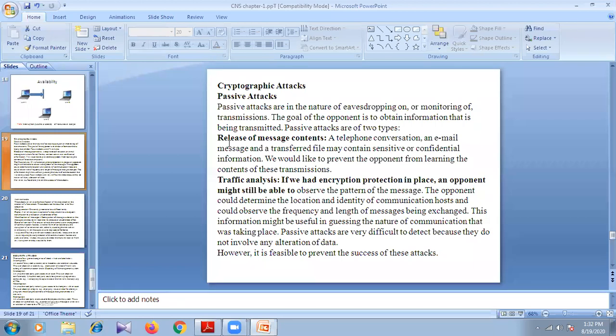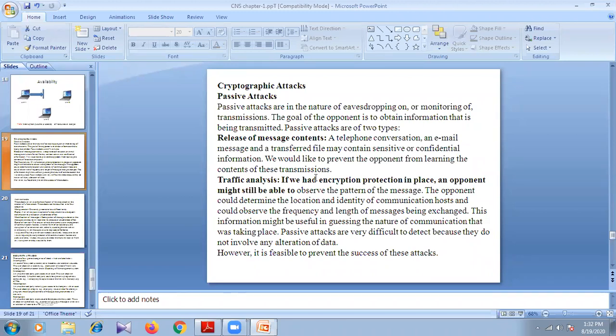The first one, release of message contents: a telephone conversation between users or an email conversation between users. That confidential information you are reading or listening to. You could not modify the data, but only listen or read the information. That type of attack is called release of message contents.